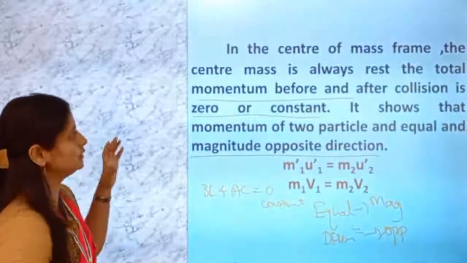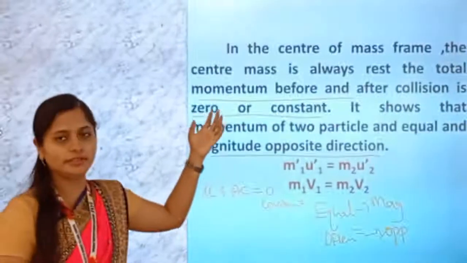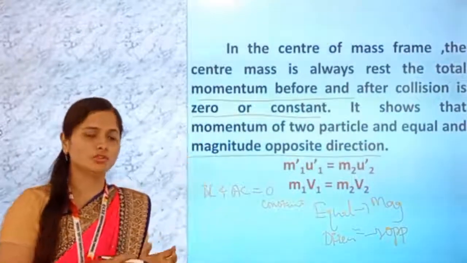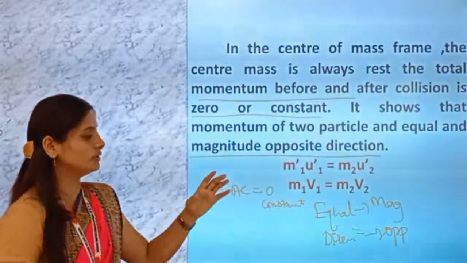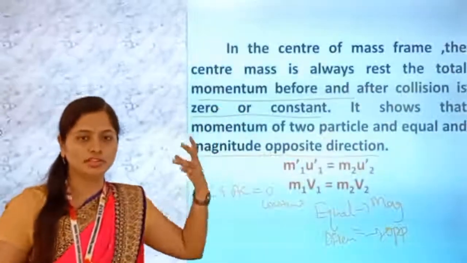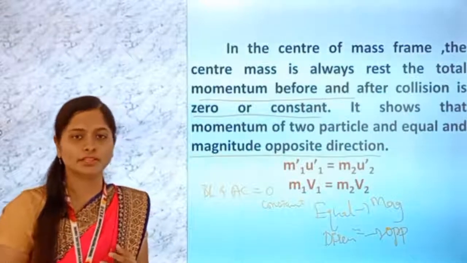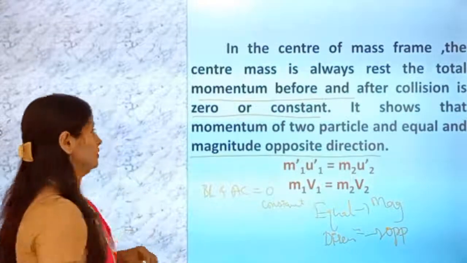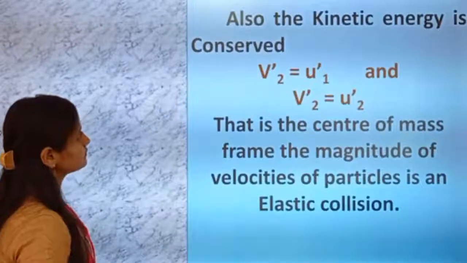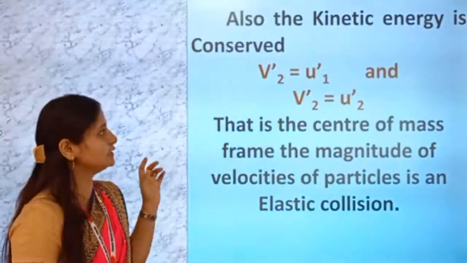Got it? So in the center of mass frame, it is showing that the momentum is also conserved. So the conclusion is that the magnitude is equal but the direction is opposite. Next, see here, the kinetic energy is also conserved.